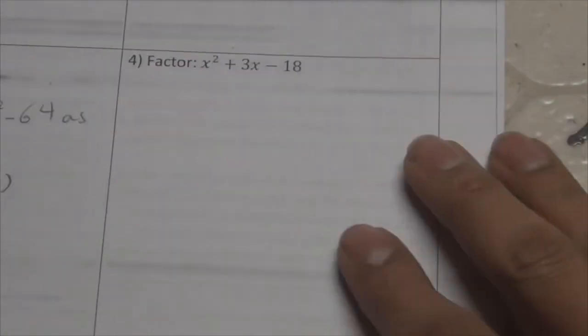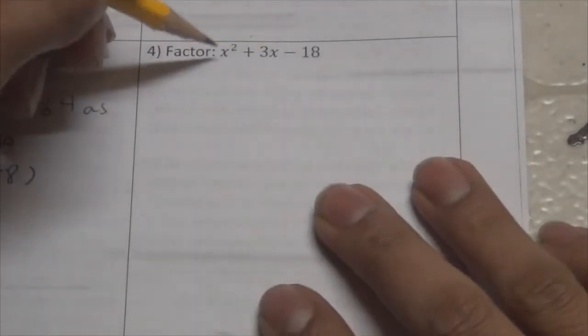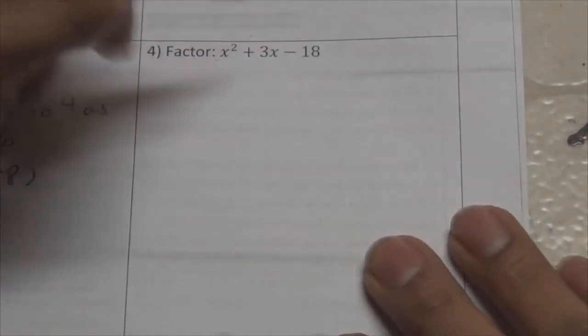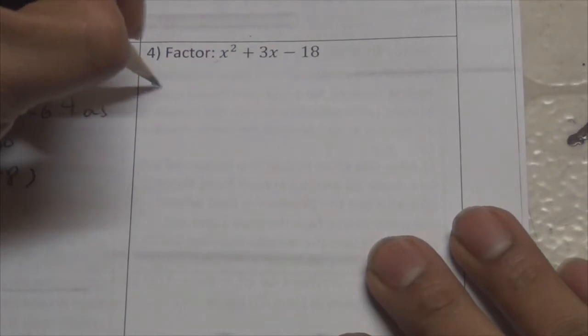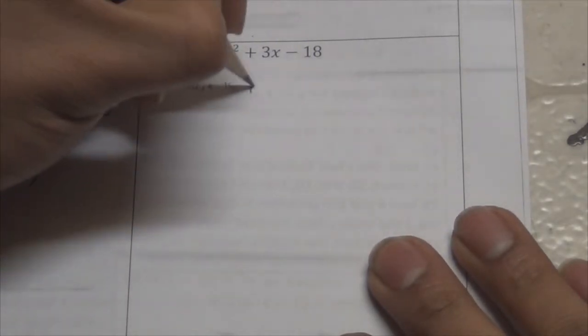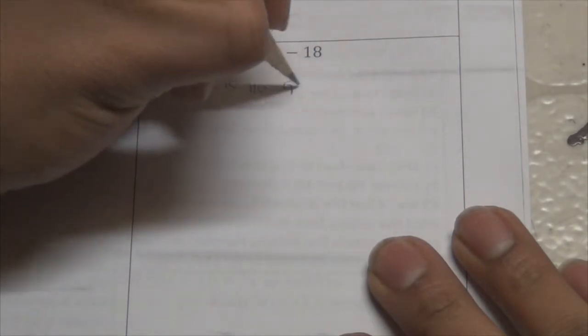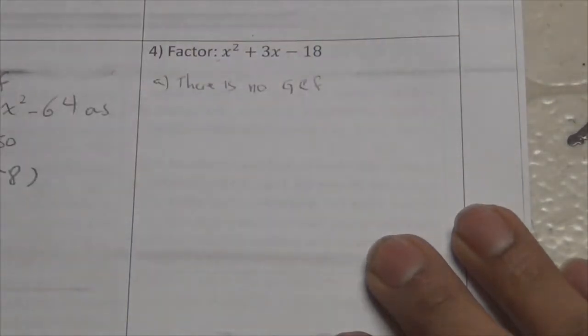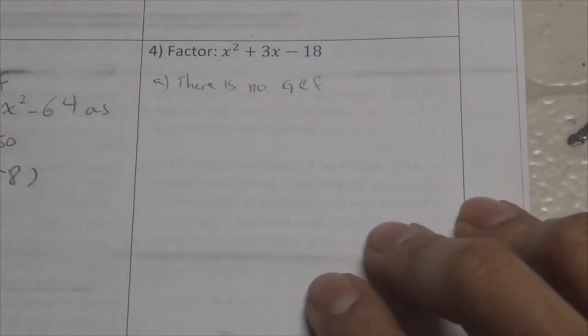Nice. All right. Factor x squared plus 3x minus 18. So, step A, there is no greatest common factor. All right.